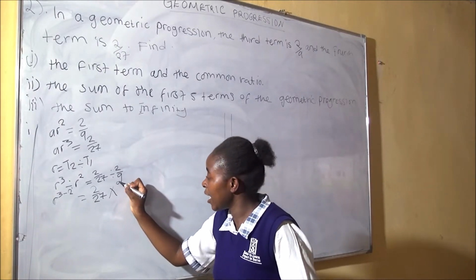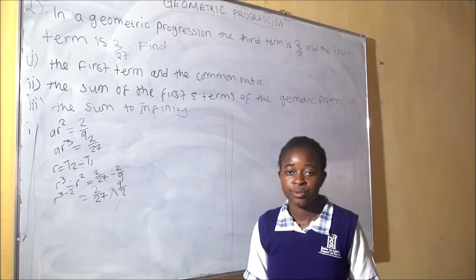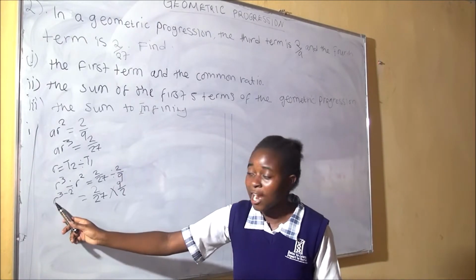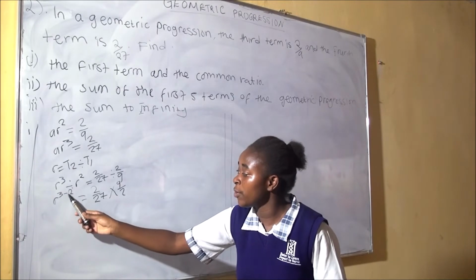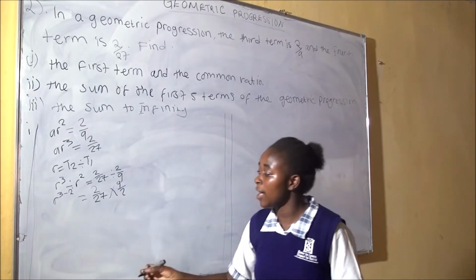So we have 9 over 2. Then r to the power 3 minus 2 is r to the power 1, which is the same as r.